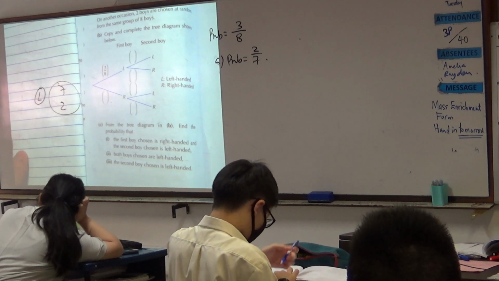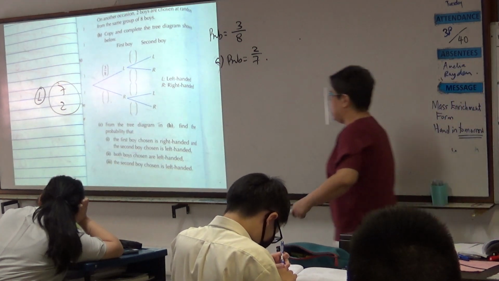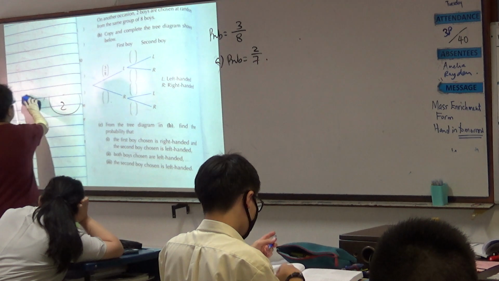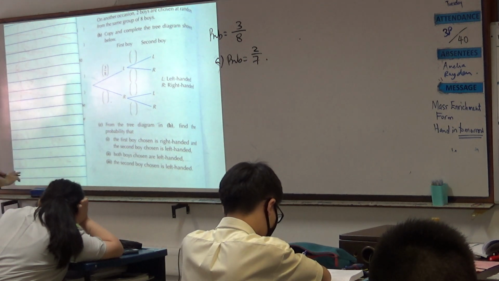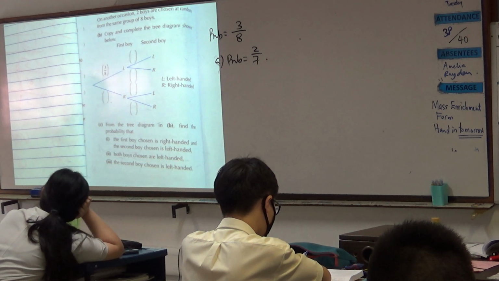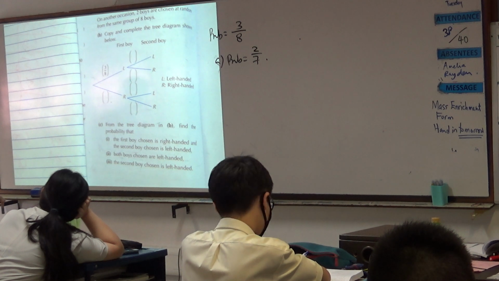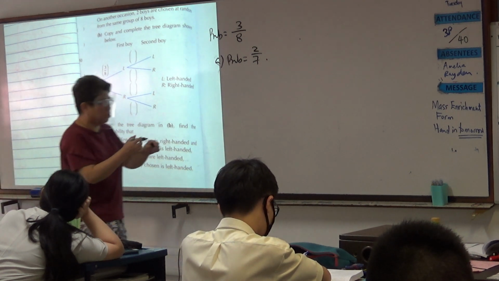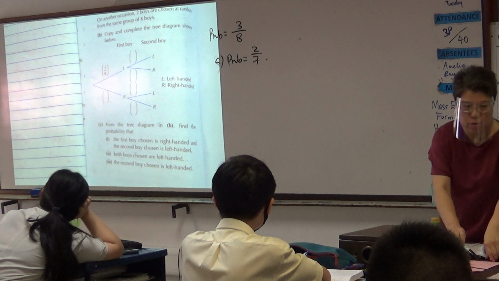This is another occasion. That is another thing already. Alright, let's look at another occasion. On another occasion, 2 boys are chosen at random from the same group of 8 boys. Copy and complete the 3 diagrams shown below. I'm going to complete for you.